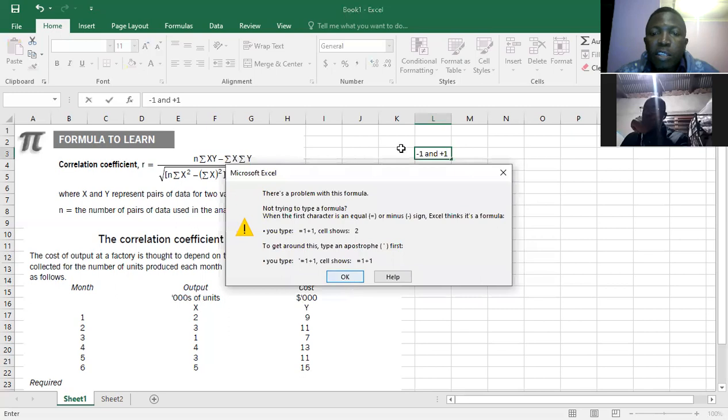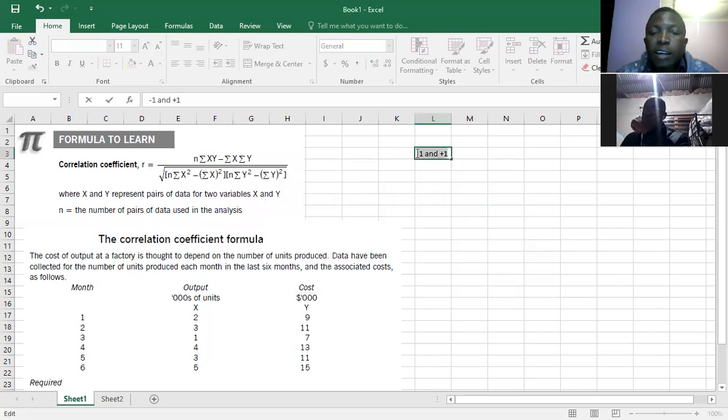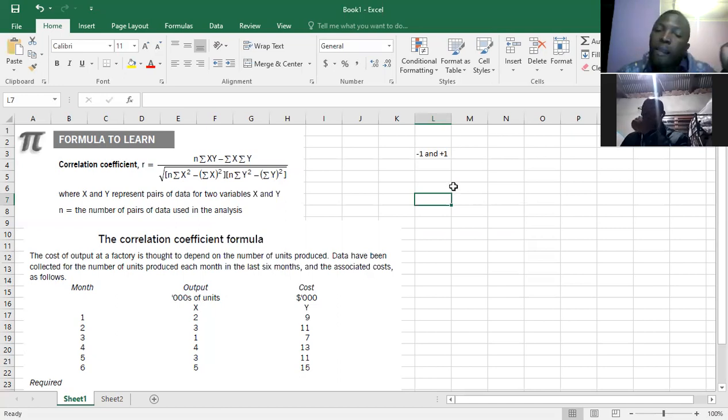If you calculate your correlation and it is outside this range, just know that you have made a mistake. -1 means perfect negative correlation, while +1 means perfect positive correlation, but it can be anywhere in the range.